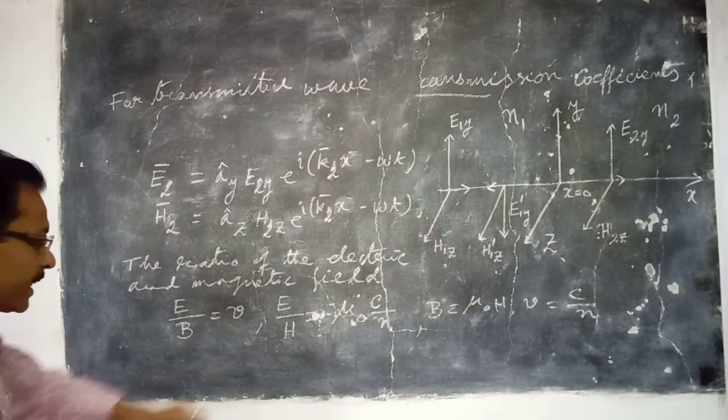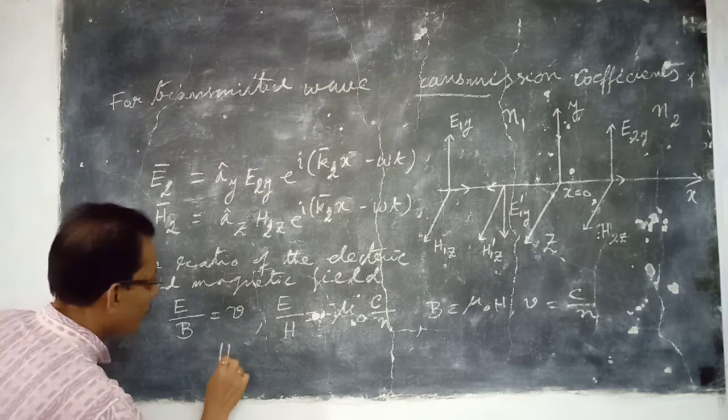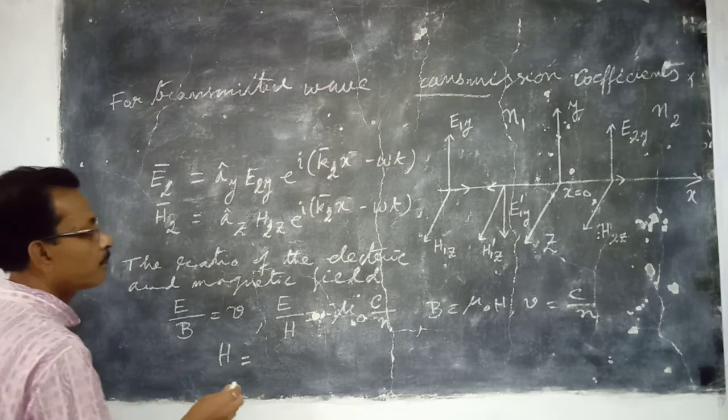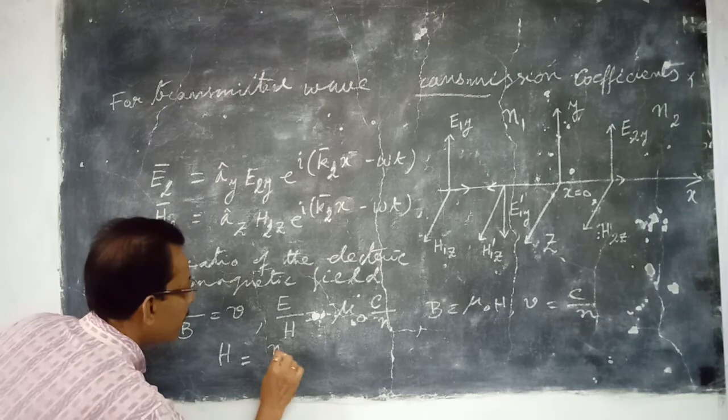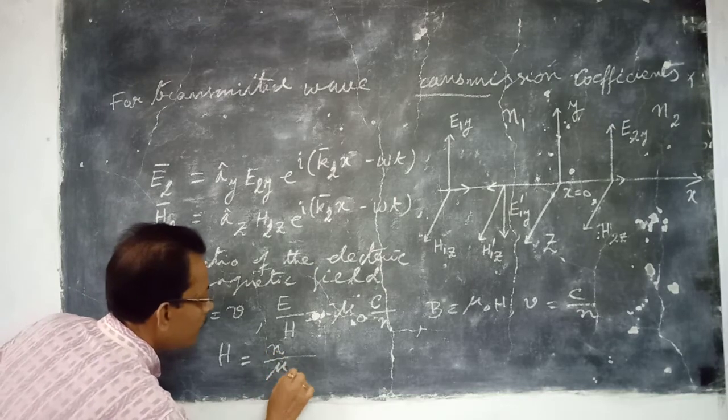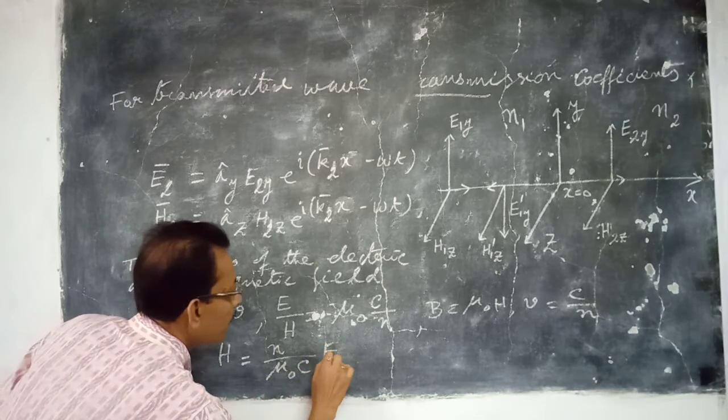Therefore H, the magnetic field, is equal to n by mu 0 C into the electric field.